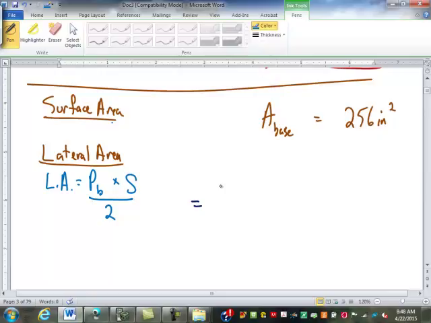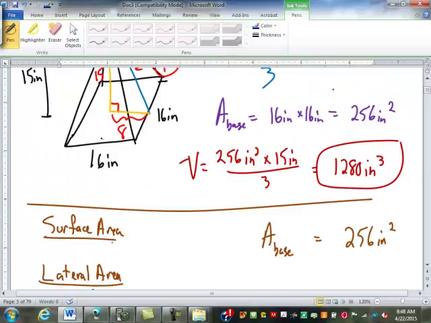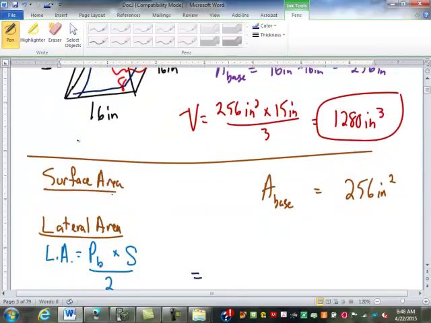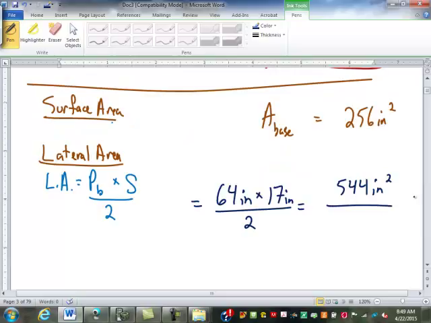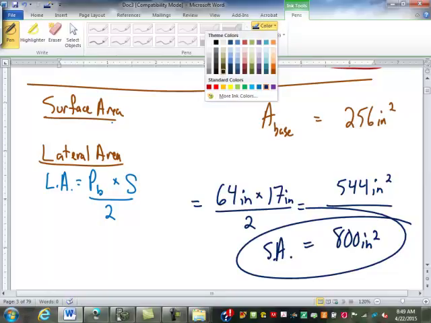The perimeter of the base is 16, 16, 16, and 16, which is 64, times my slant height of 17 inches, divided by 2, which is 544 inches squared. Add that to the 256 gives us 800 square inches of total surface area. Not so bad?